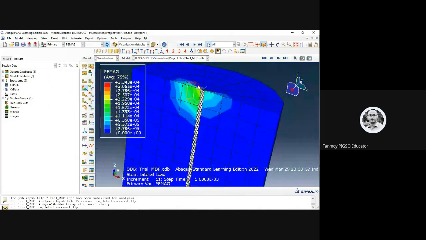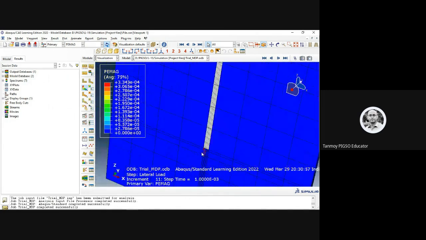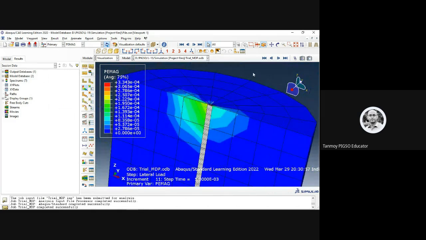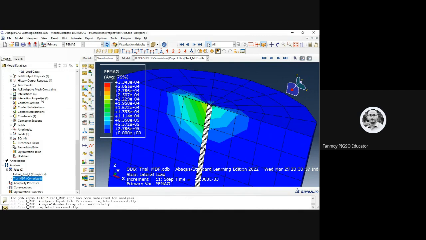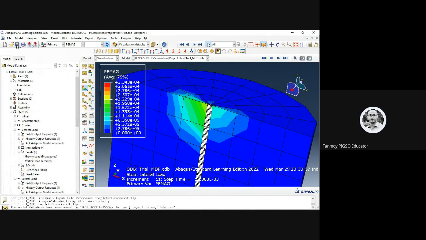This is how the plastic strain has been generated: at the base there is some strain, and then at the top. Likewise, you can conduct a parametric study of the plastic strain, soil deformation and other behavior between the Mohr-Coulomb and Drucker-Prager material models. So this is one part.